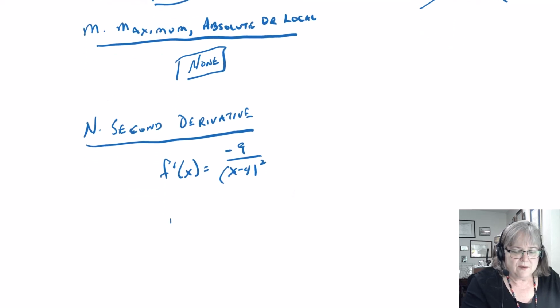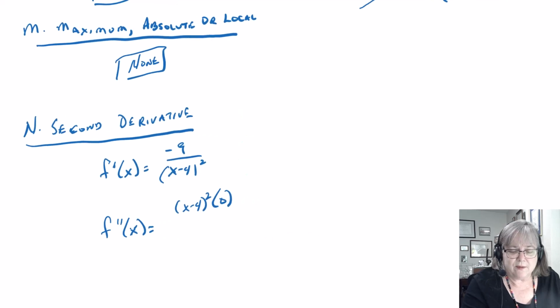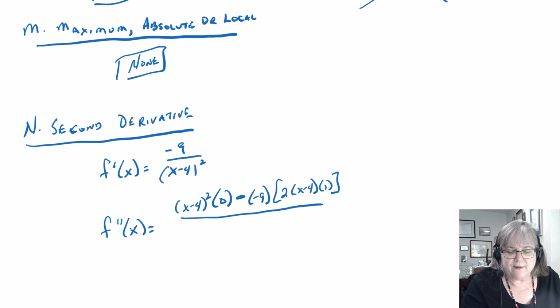Okay, so to get the second derivative, it's the bottom times the derivative of the top, and the derivative of negative 9 is 0, minus, be careful here, minus the top, which is another negative, times the derivative of the bottom. Bring the 2 down, leave the inside alone, take 1 off the power, loop back in and take the derivative of the inside.